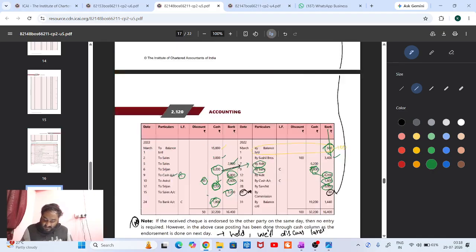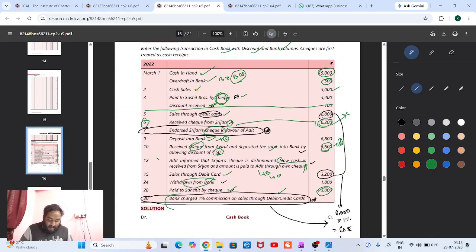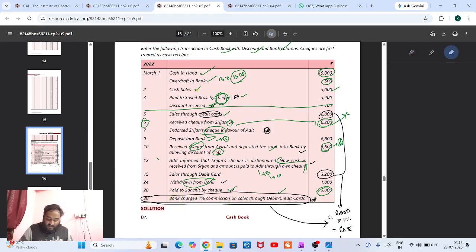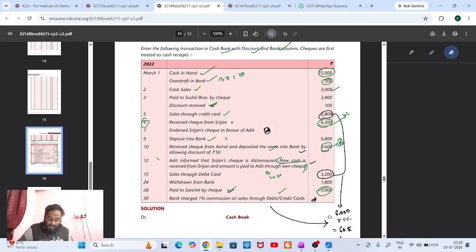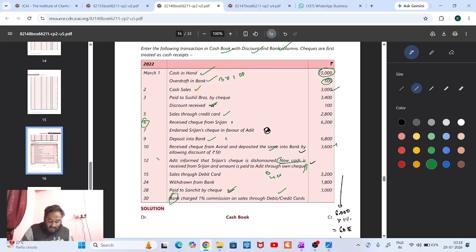Yes, the bank charged 1% commission on sales through debit card and credit card. This is the twist here. This is why I'm doing this question. Whatever sales you have done through debit card and credit card, 1% will be charged by the bank.